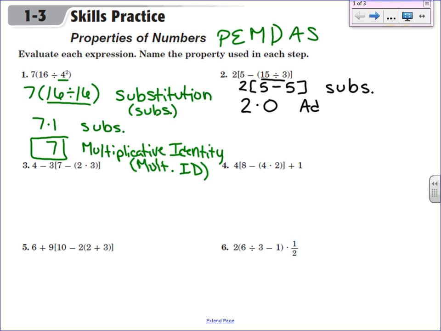And what that says is that if I take a number and add its opposite, so 5 plus a negative 5, that's the same thing as 5 minus 5. That is always going to be 0. And from now on, I'm going to write that as add inverse.